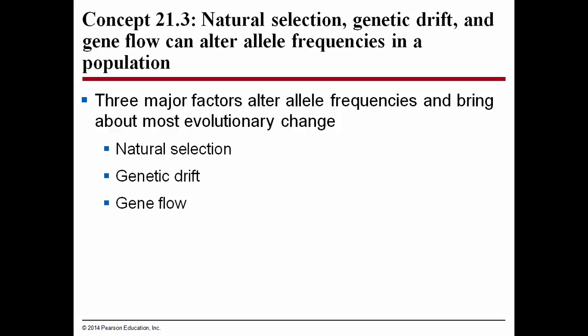Natural selection, genetic drift, and gene flow can alter gene frequencies in a population. Three major factors alter allele frequencies and bring about most evolutionary change: natural selection, genetic drift, and gene flow.